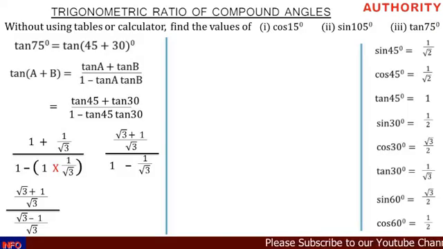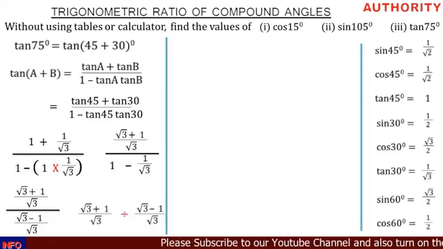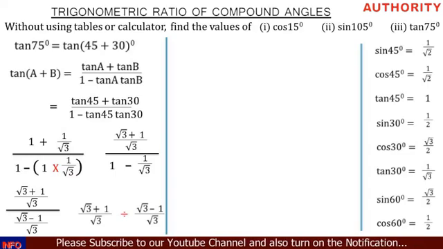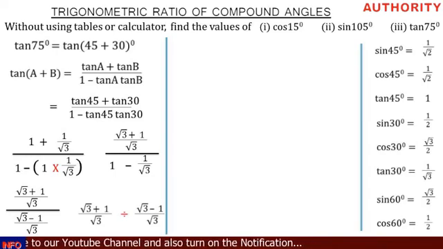This is complex. We can split it into 2. So when we split it into 2, it is the same as saying root 3 plus 1 all over root 3 divided by root 3 minus 1 all over root 3. So for us to perform this operation, we're going to change this division sign to multiplication, thereby resulting in inversion.